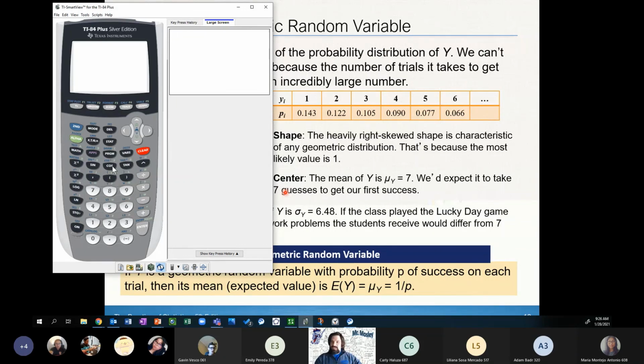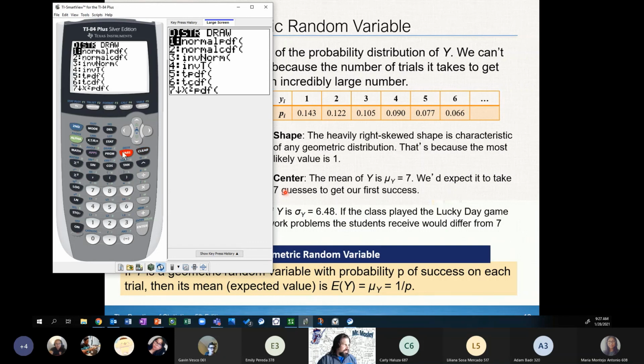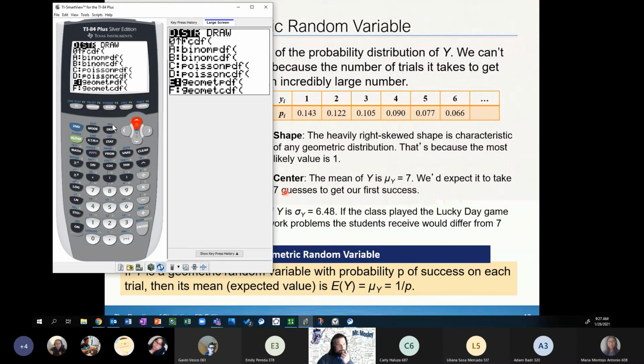They work the same way as the Binom PDF and Binom CDF. The Geomet PDF, option E here, calculates the probability of y being equal to a specific value of k. Geomet CDF calculates the probability of y being less than or equal to a specific value of k.